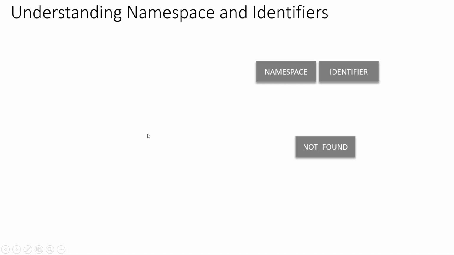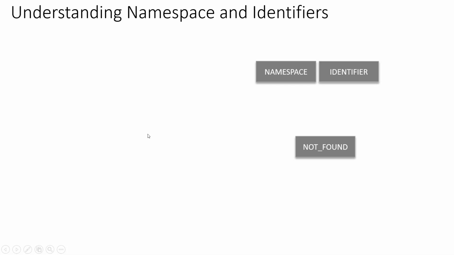Take an example of an HTTP request: when a resource is not found, it will throw a 404 not found. In case a file is not found, even there we can have a not found error. Take a business scenario where the customer ID does not exist. That is also a valid place where we can use the identifier not found.